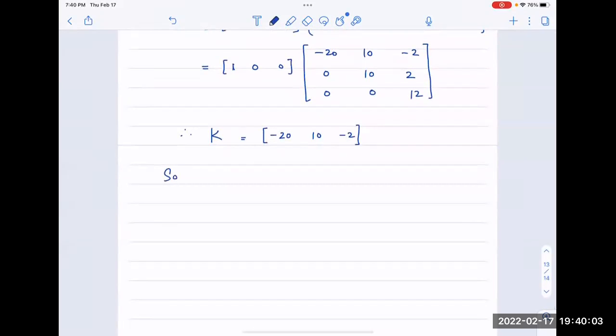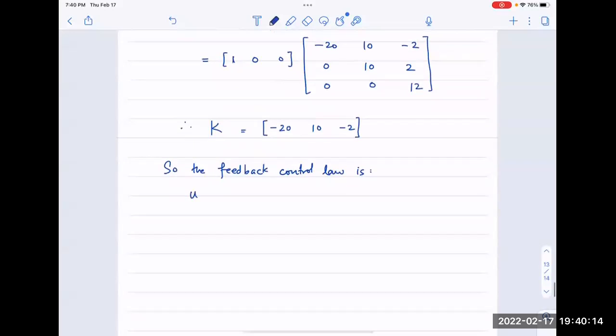So the feedback control law is U equals minus KX, which eventually says it is 20x1 minus 10x2 plus 2x3. Okay, so that's the first type of method that can be used to do this.